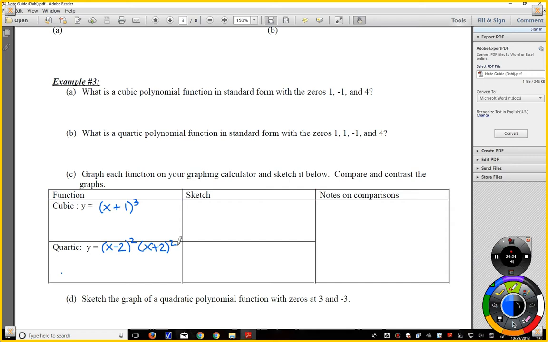And again, I'm going to get them up here too so you guys can see that. We're just sketching, so.